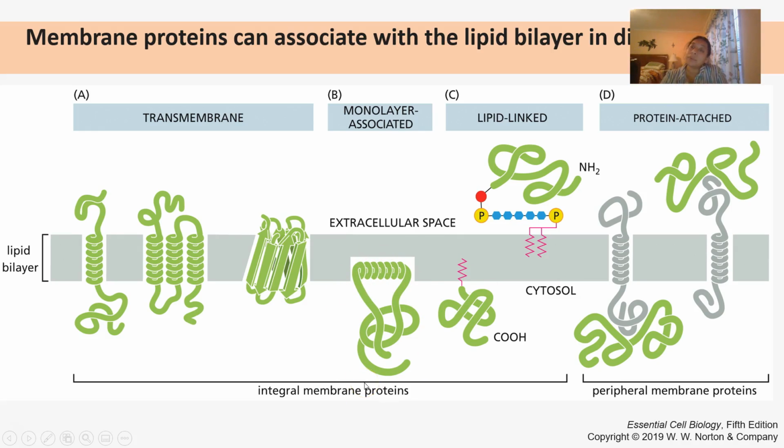You also have proteins that don't have any hydrophobic regions, but instead are anchored into the membrane through a fatty acid chain itself or a lipid molecule itself. This can also happen on the extracellular space side, where you may have a fatty acid chain that has a phosphate group attached to a long chain of sugar molecules, or glycosylated.